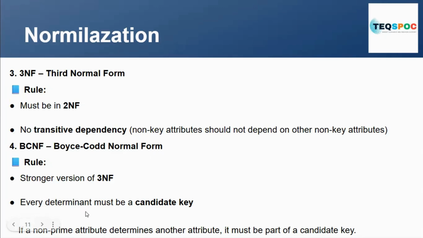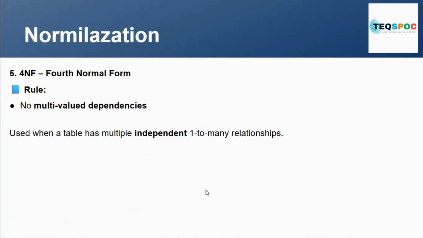Then every determinant must be a candidate key. We have seen what a candidate key is, a combination of two or more columns. If a non-primary key attribute determines another attribute, it must be part of the candidate key. Then fourth normal form: no multi-value dependency exists. It is used when a table has multiple independent one-to-many relationships. That is a multi-value relationship, which should not exist.